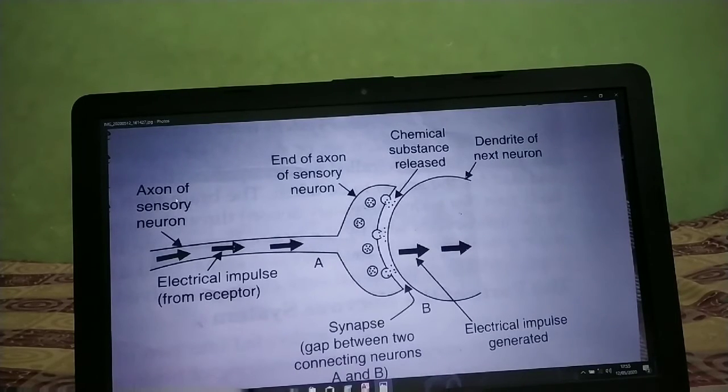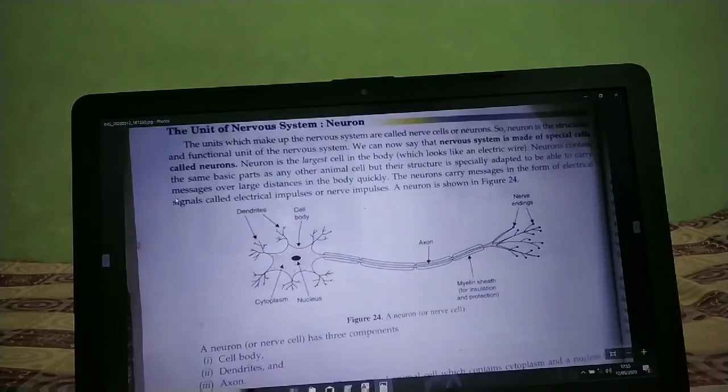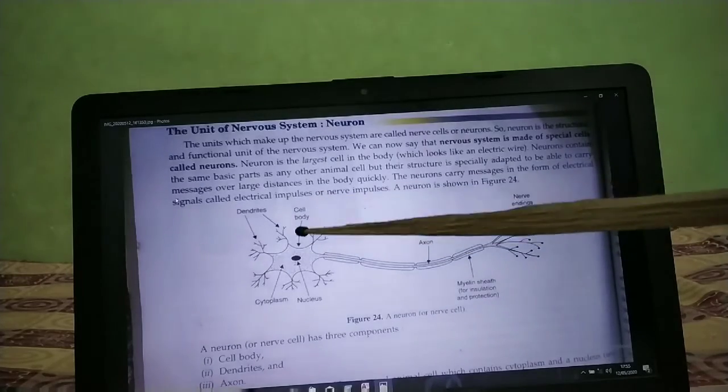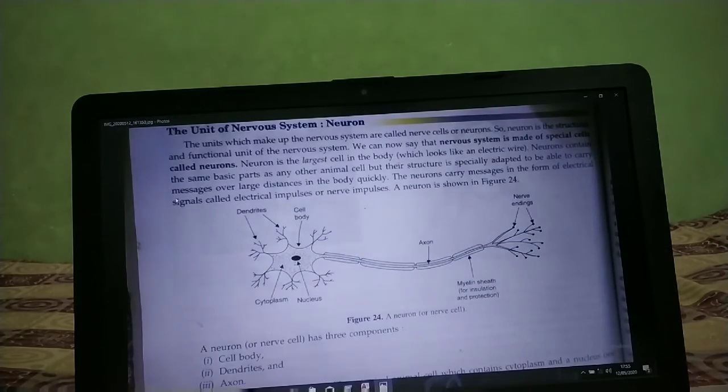First of all, again I'll tell you about the functions of the cell body of a neuron. This one is the cell body. The cell body of a neuron is like a typical animal cell which contains cytoplasm and nucleus. A number of long and thin fibers stretch out from the cell body of a neuron. They are called nerve fibers. The shorter fibers on the body of a neuron are called dendrites.